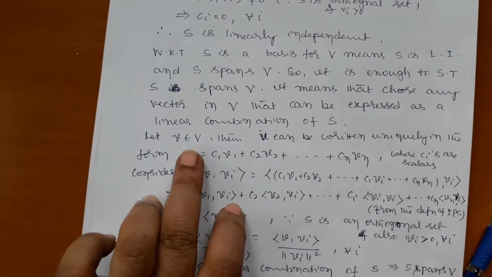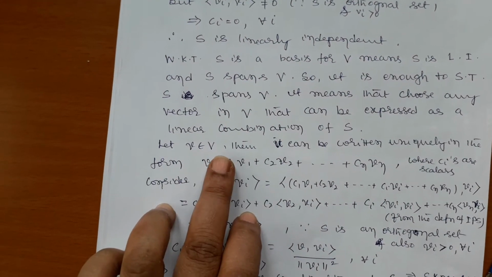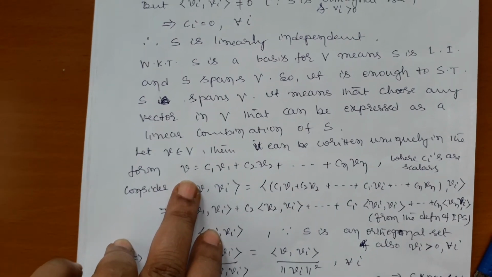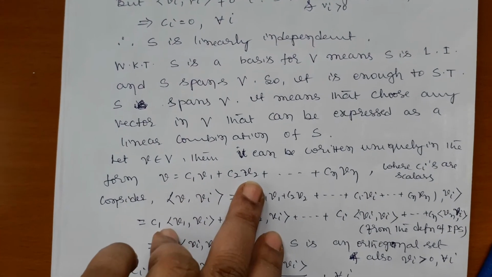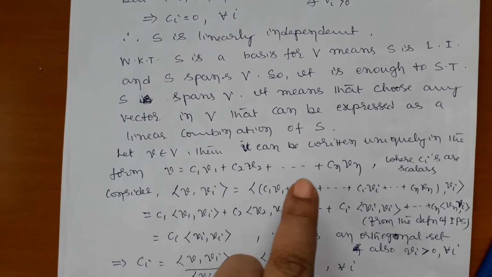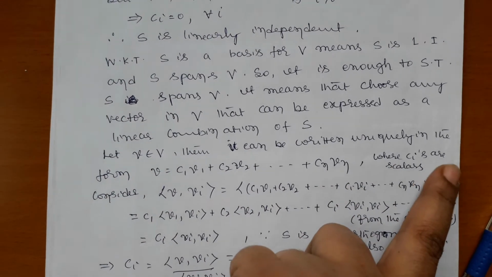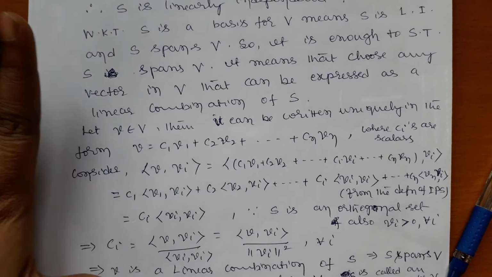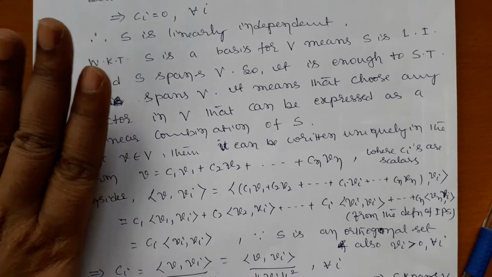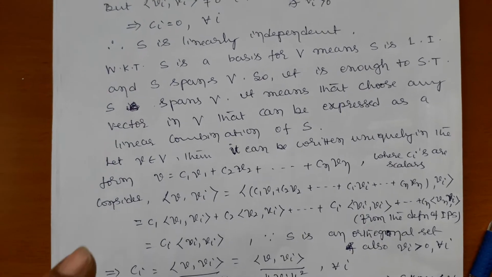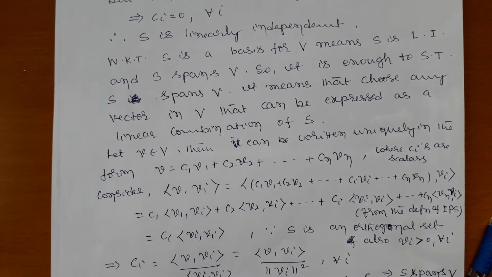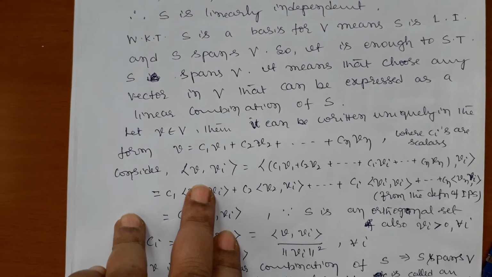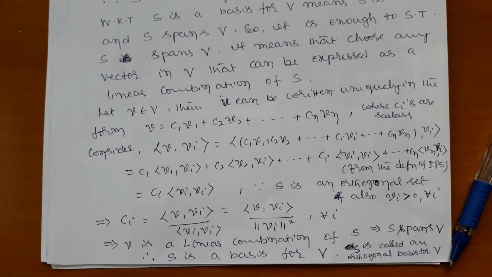Now I have to choose one vector in the inner product space, v belongs to V. Then it can be written uniquely in the form v equal to c1 v1 plus c2 v2 plus etc. cn vn, the vectors of S, where the ci are scalars. I choose any vector in V that can be written as a linear combination of vectors of S. Then we say that S spans V. Now I consider the inner product, based on the definition of inner product.